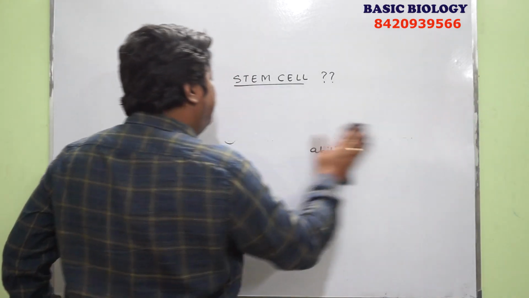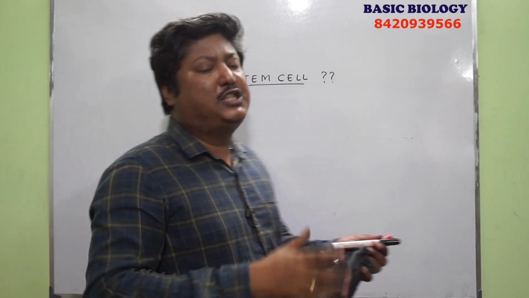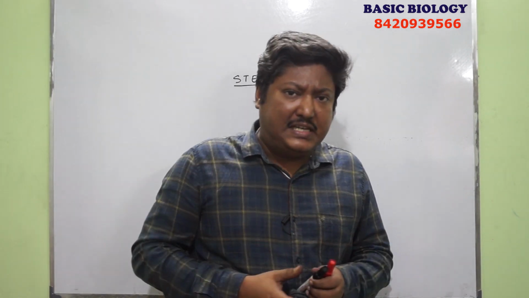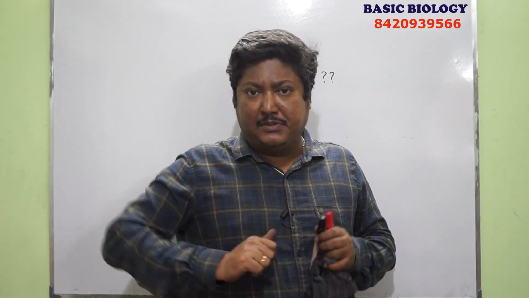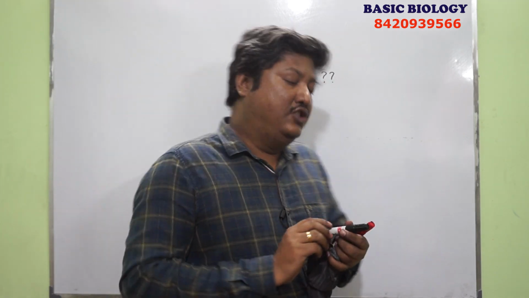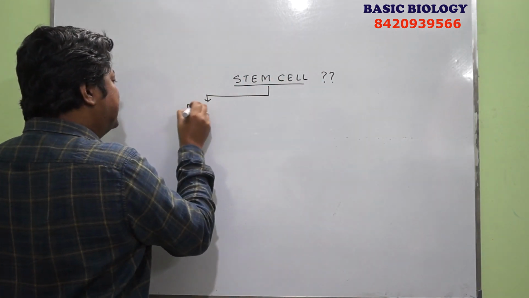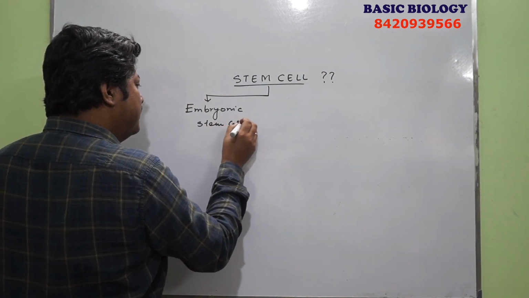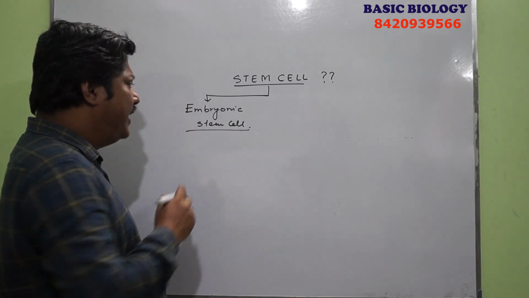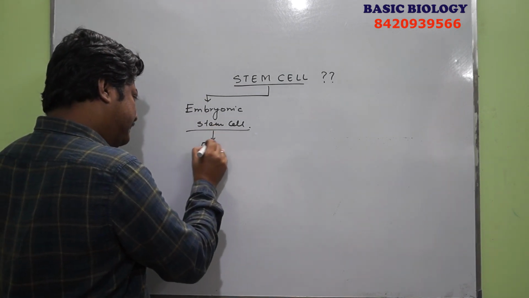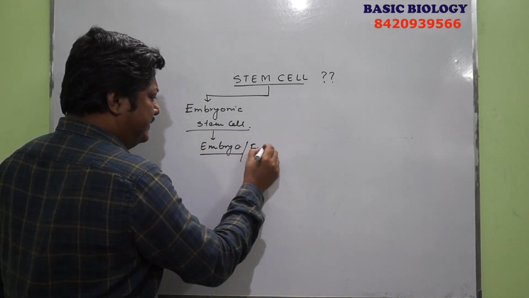Now there are different terms given to stem cell to explain their usage and their activities, but majorly stem cells are of two types based on their sources. The first one is the embryonic stem cell. So by name you can understand that this stem cell is located within the embryo or the fetus.